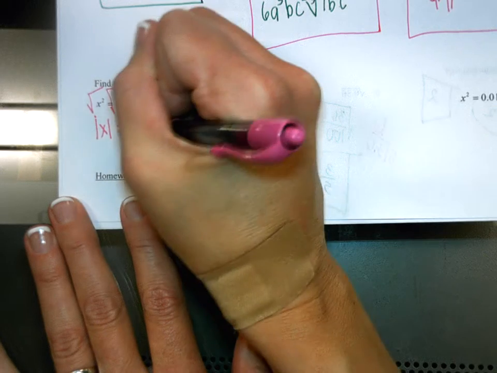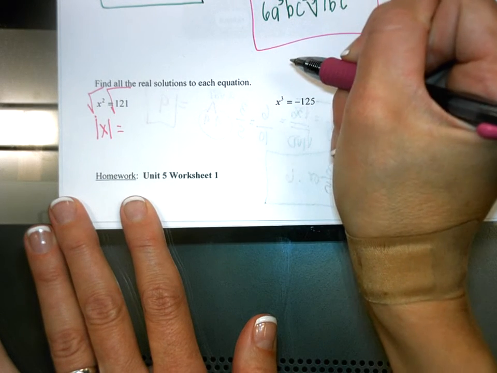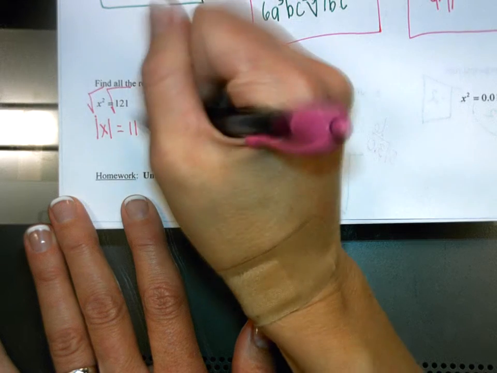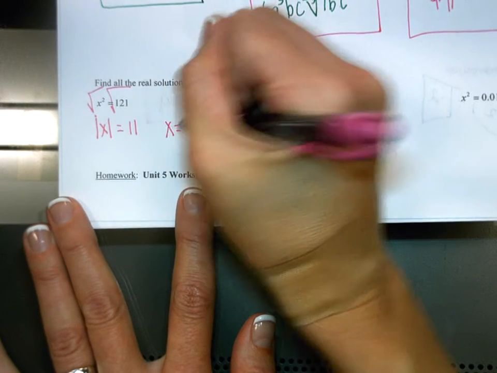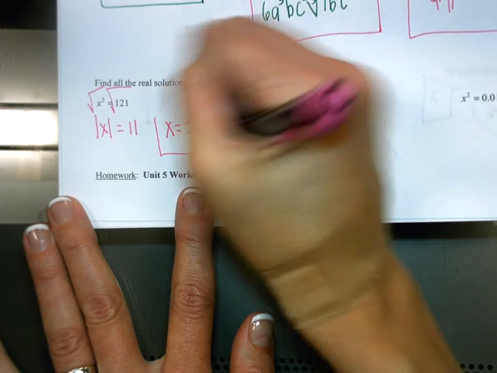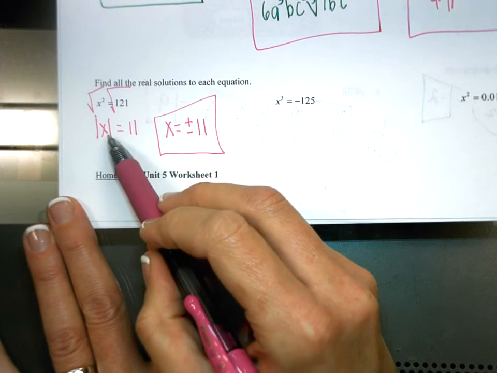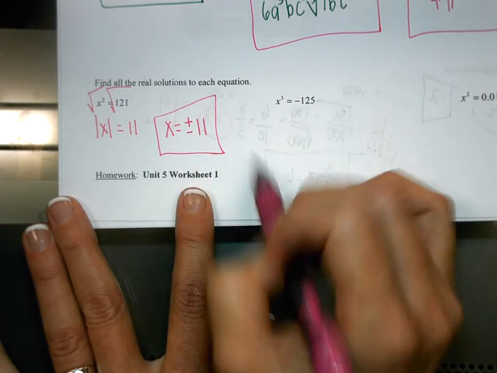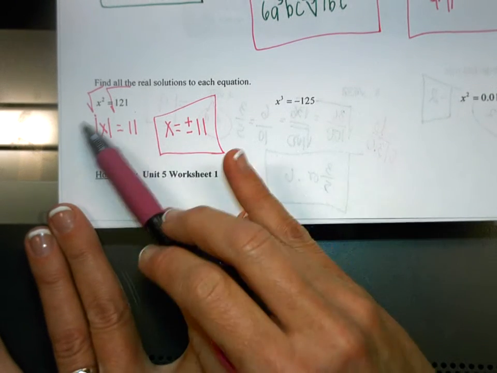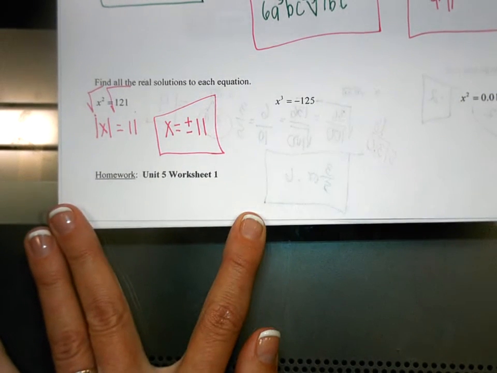The square root of 121 is what? 11. And because it's the absolute value, we know that x will end up equaling positive negative 11. Because inside could be positive and it comes out as 11, or inside it could be negative and it comes out as 11. And notice here, I made the roots. When you're making the roots, it's going to end up being positive and negative.